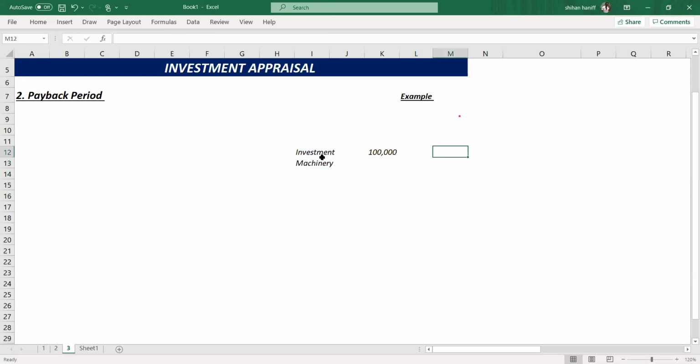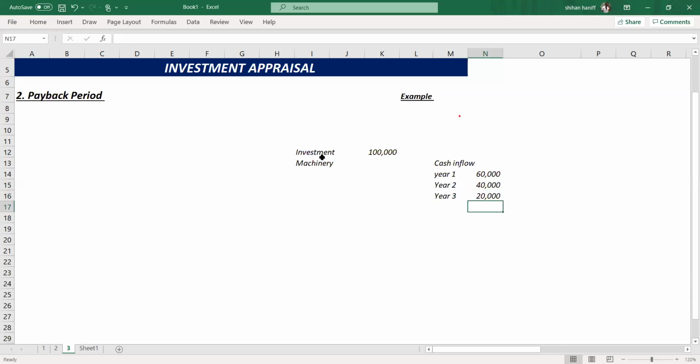Now from this machinery, my cash inflow in year 1, I'm getting 60,000. And year 2, I'm getting 40,000. Year 3, I'm getting 20,000.